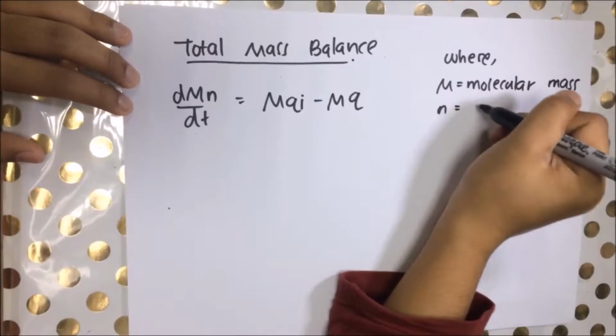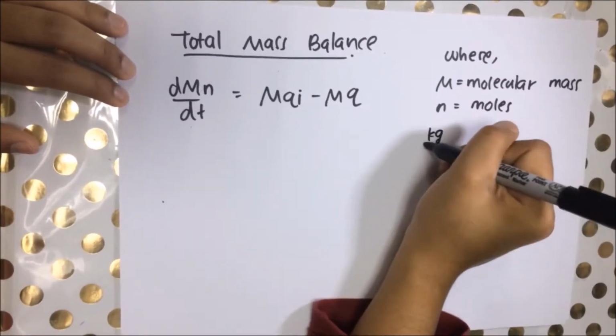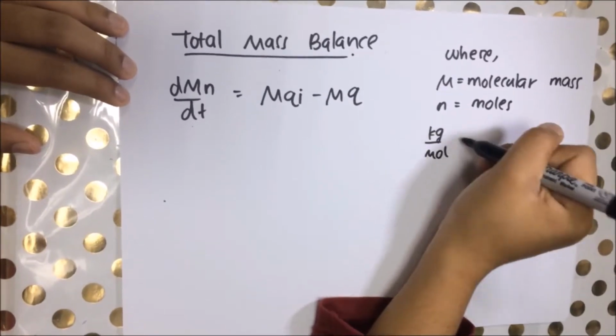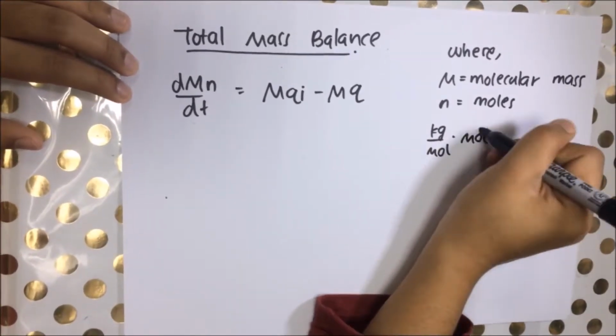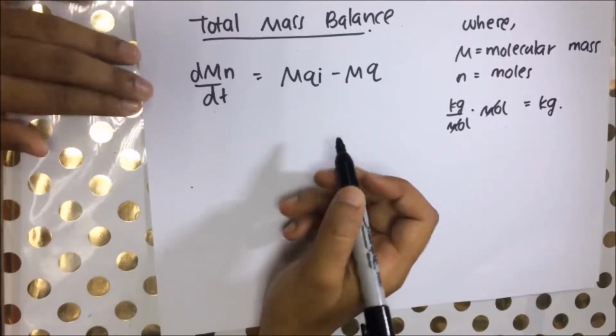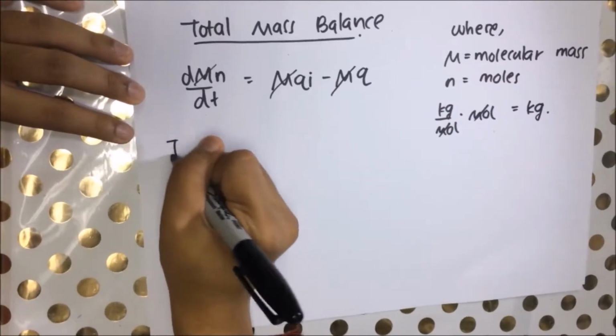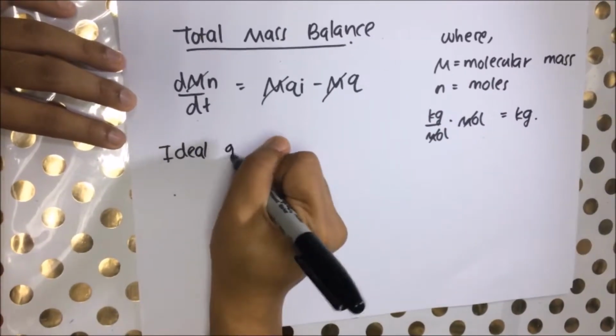When we put it in the form of the units, we can cancel out the kg over mole for the m, and we just multiply by the n, which is in moles, which will give us kg. So that's settled. And just cross out the m because it's constant.